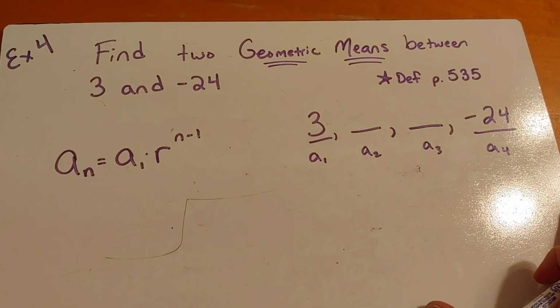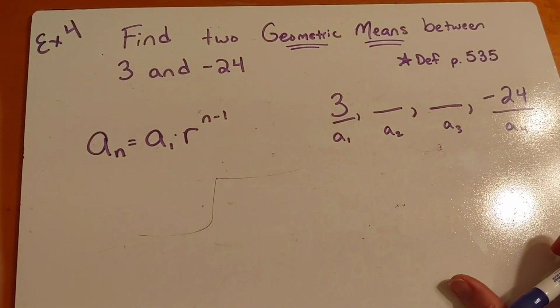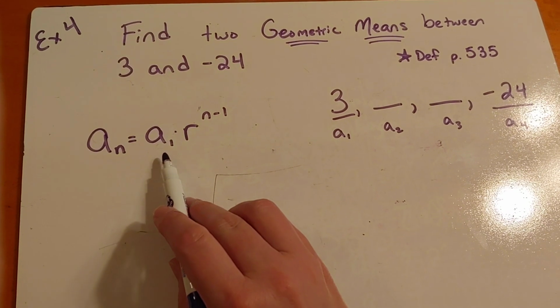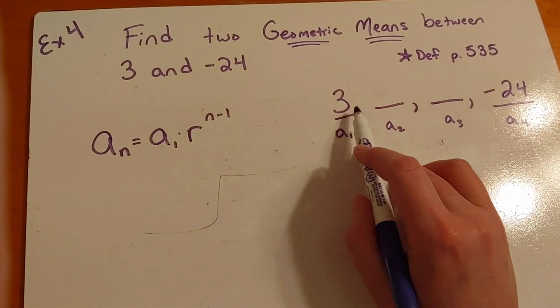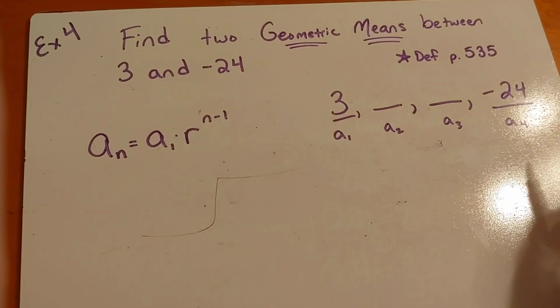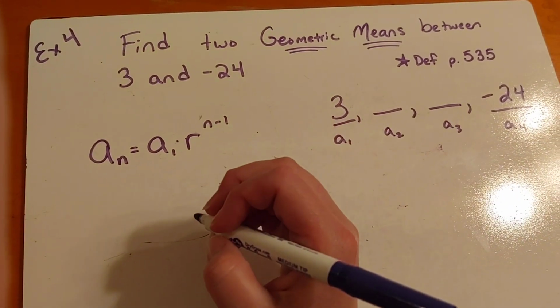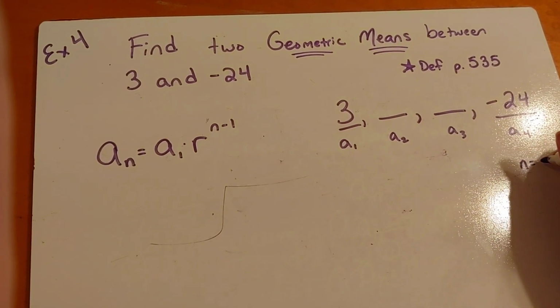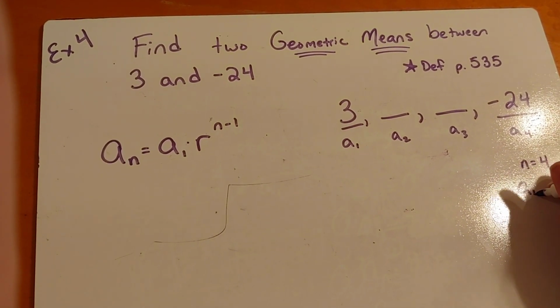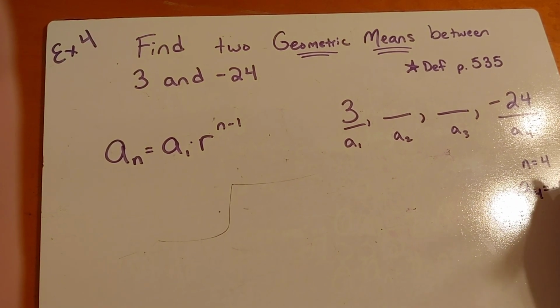Now, let's do this just like we work the arithmetic mean problems. We can use our easier formula because we know our first term. We need to find r, then we can just use r to get all of our answers. All right, so let's see. How do we want to do this here? Why don't we make n equal to 4? And why don't we make a sub 4 equal to -24?